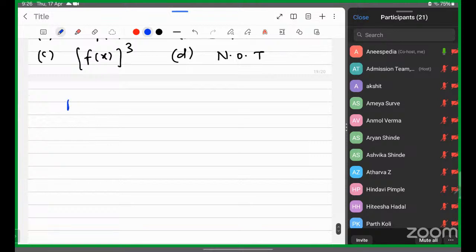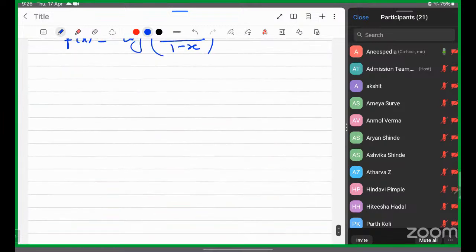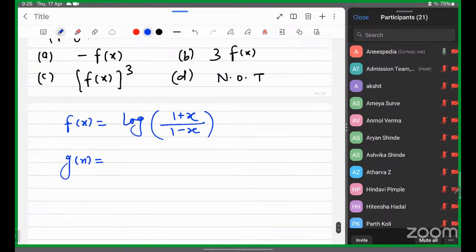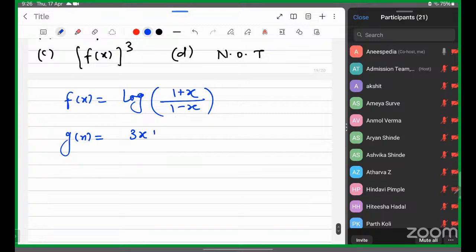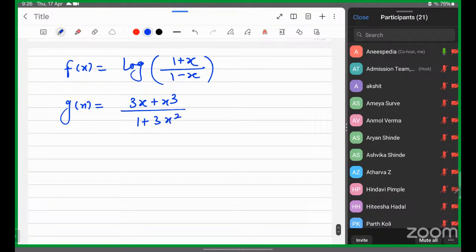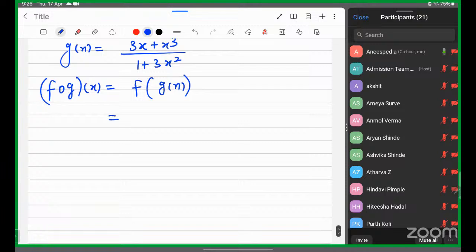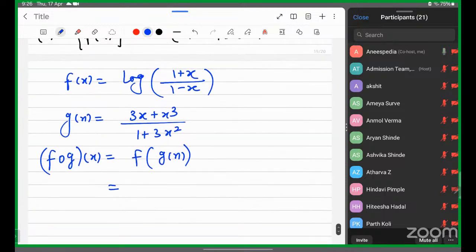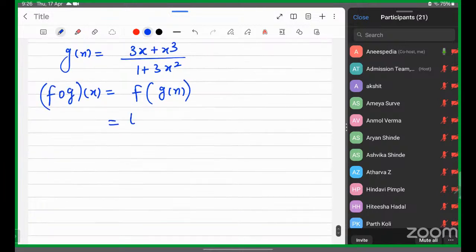So let's say f of x is log of (1 plus x) upon (1 minus x), and g of x is (3x plus x cube) over (1 plus 3x square). If you want to find out f of g of x, in function f, in place of input, we will have g of x. So this will be log of (1 plus g of x) upon (1 minus g of x).